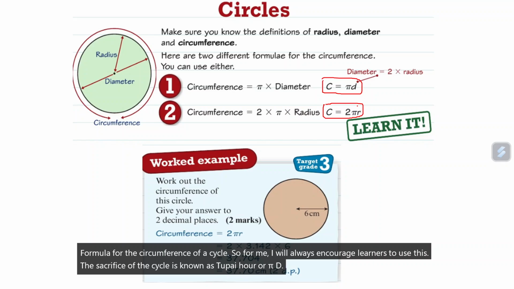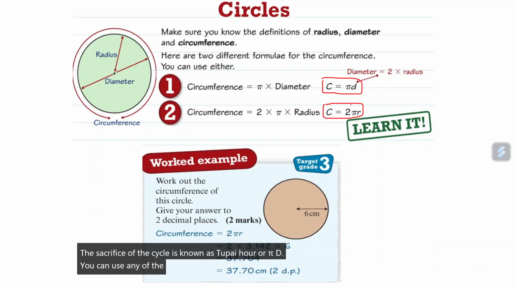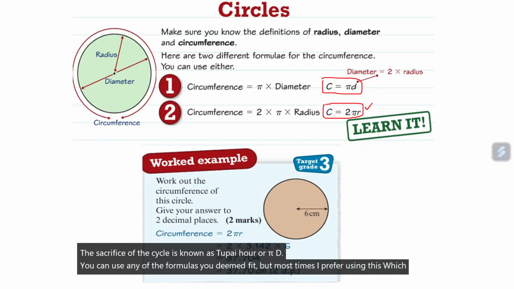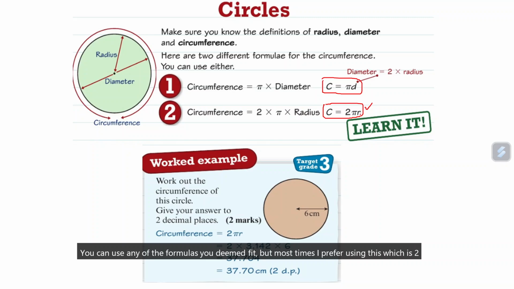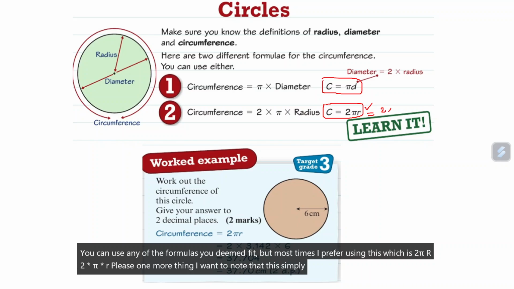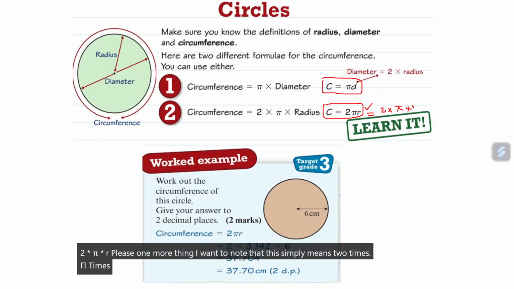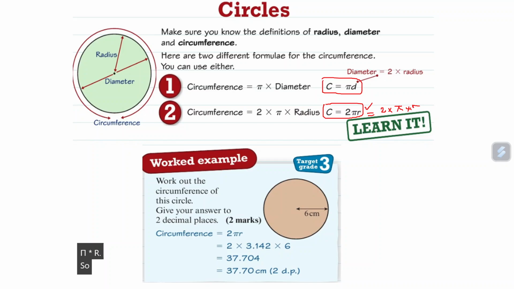You can use any of the formulas you deem fit, but most times I prefer using 2 pi r, 2 times pi times r. Please, one more thing I want to note, this simply means 2 times pi times r.